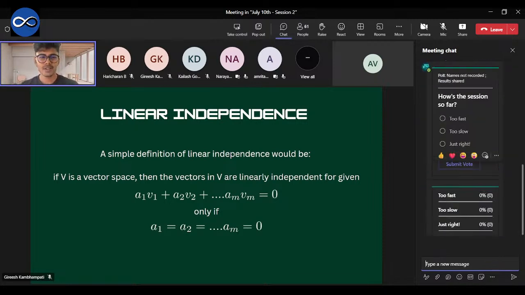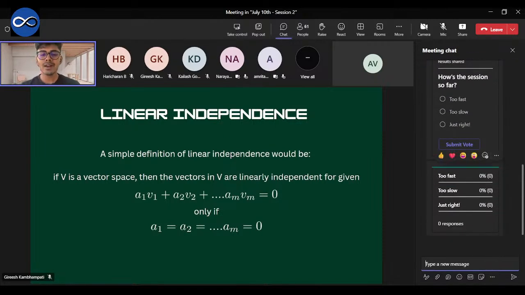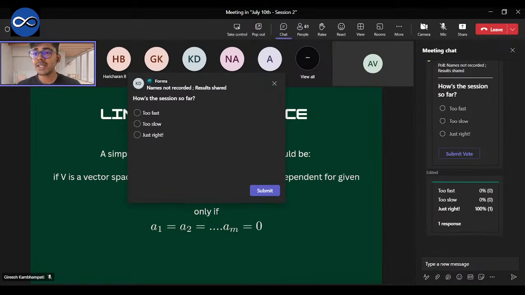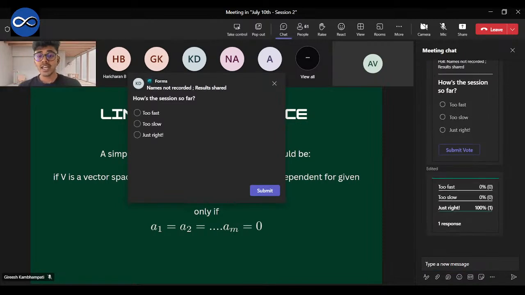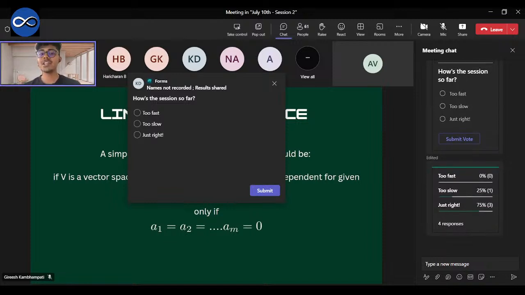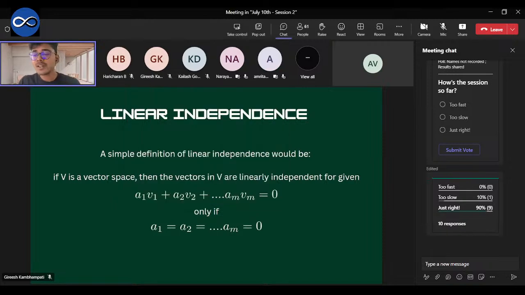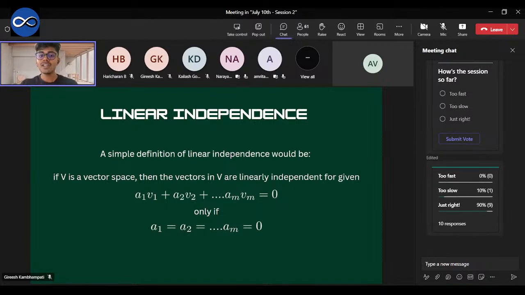What I really mean is, if I give you a textbook definition, a set of vectors V is considered to be linearly independent if for a given equation a1 v1 plus a2 v2 plus so on till am vm is equal to 0, that is, the summation of them is equal to 0, then a1 is equal to a2 is equal to so on is equal to am, and all these constants have to be equal to 0.